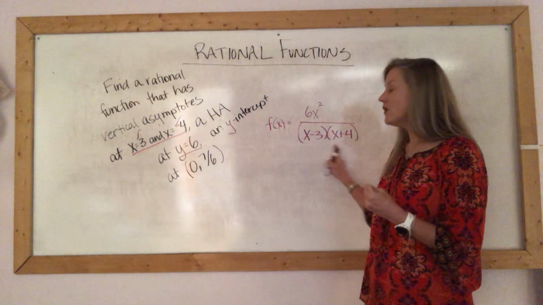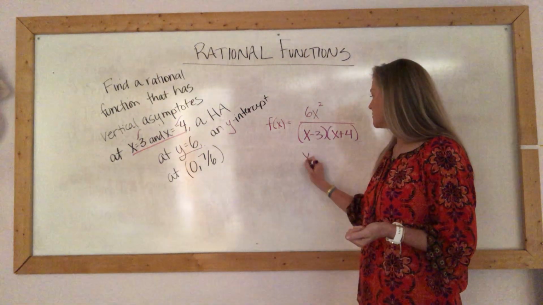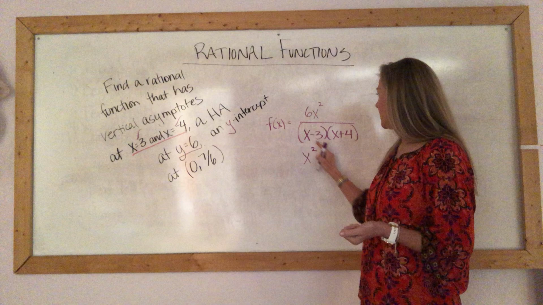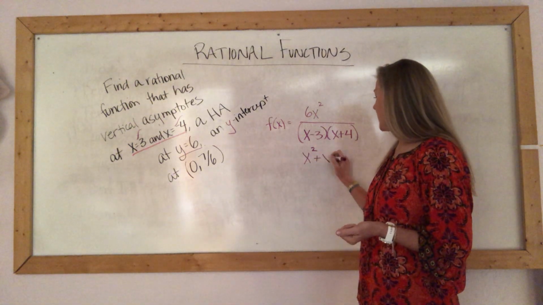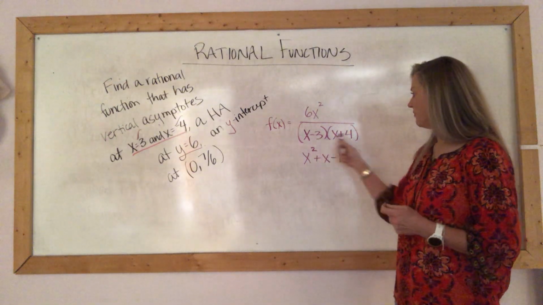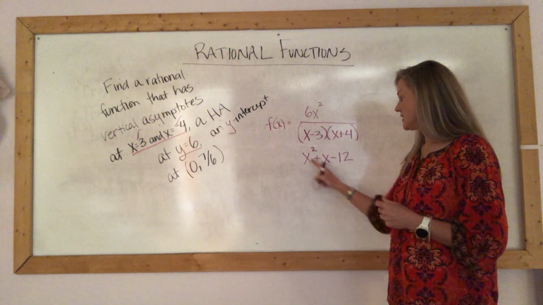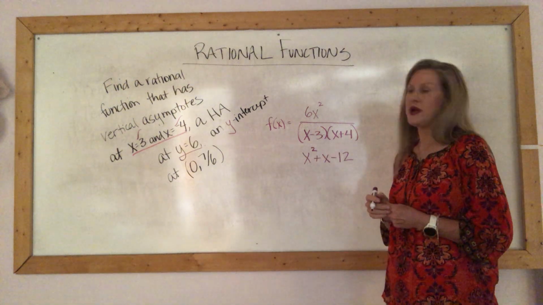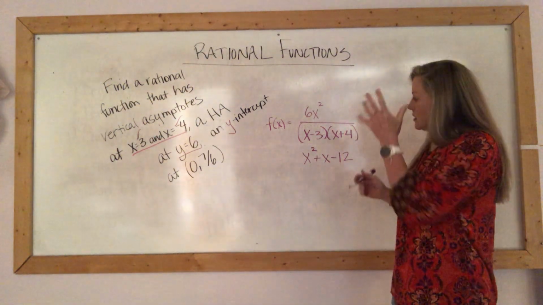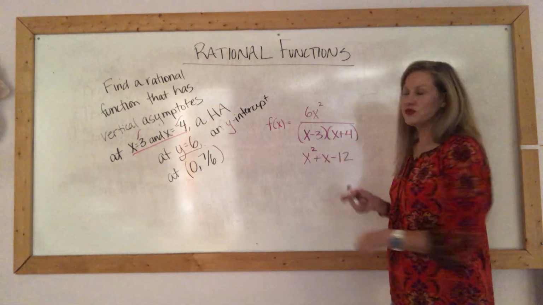So let's think here. If you want to go ahead and multiply this out to make it easier, you certainly can. The denominator would turn into x squared plus x minus 12. As it stands, if I plugged in a 0, I'd get 0 over -12, which is 0.